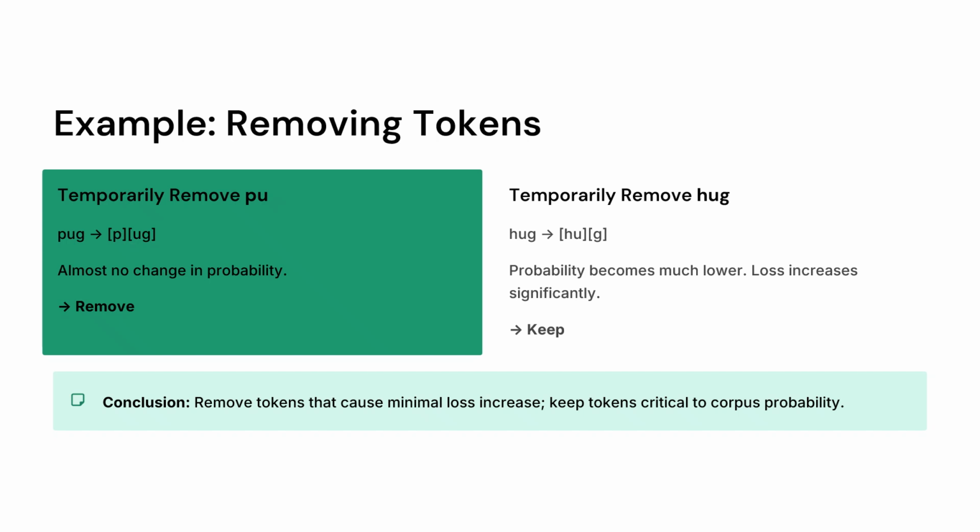So we can successfully remove it. On the other hand, if we remove the token HUG, then we need to tokenize it another way, that is HU, G, which has a lower probability than HUG. This results in a very significant increase in loss. So we need to keep the token HUG.